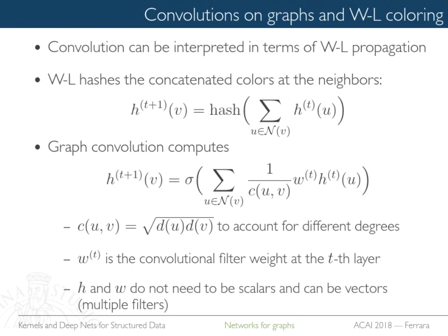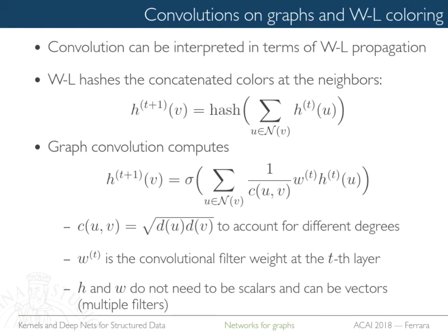The color at iteration t plus 1 in Weisfeiler-Lehman is just the hash of some concatenation operation over the colors of the neighbors. Here, in graph convolutional, you have a sigmoid, maybe, or some nonlinear operation of this weight times the embedding over there.